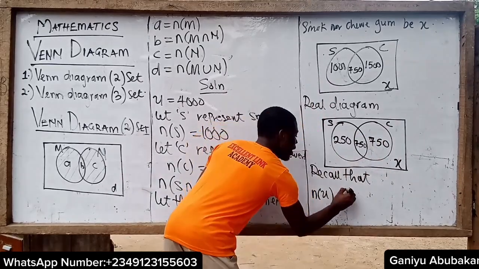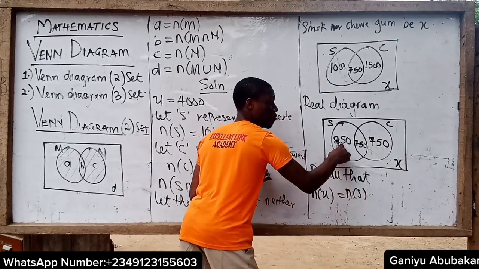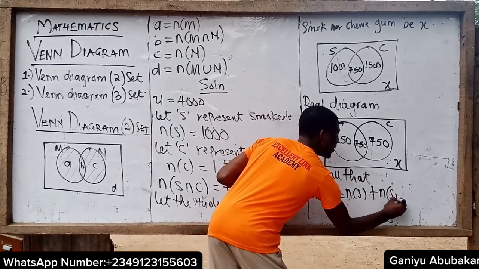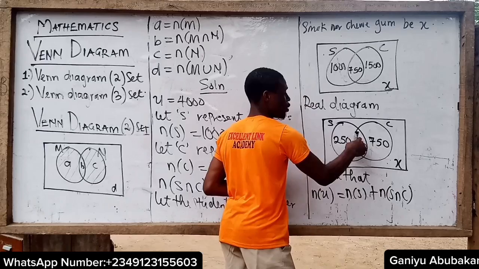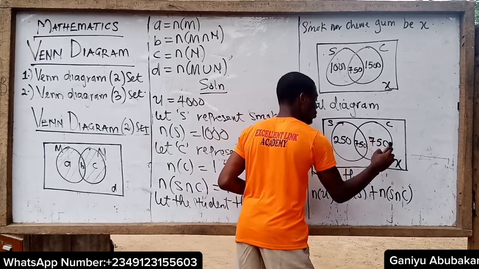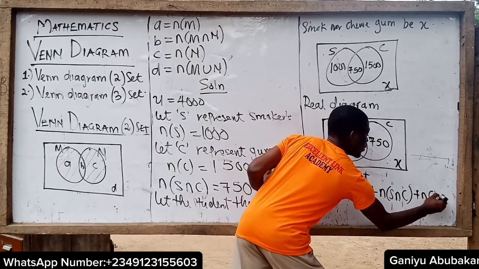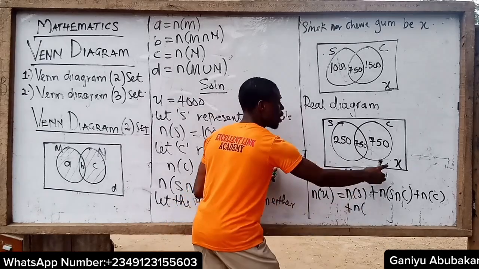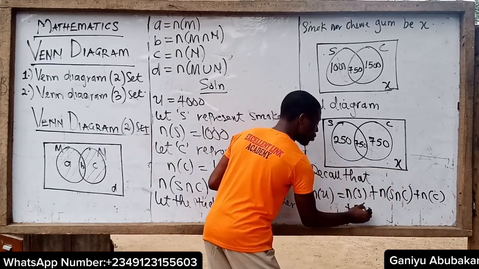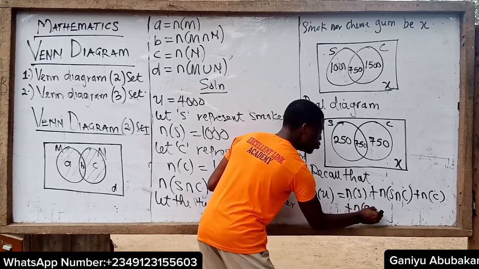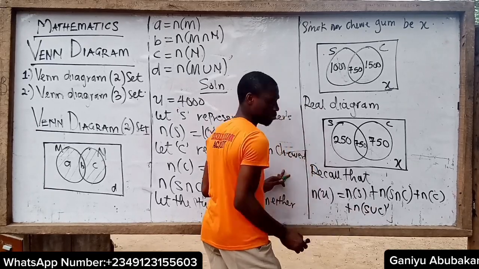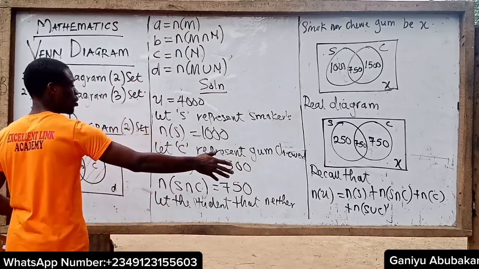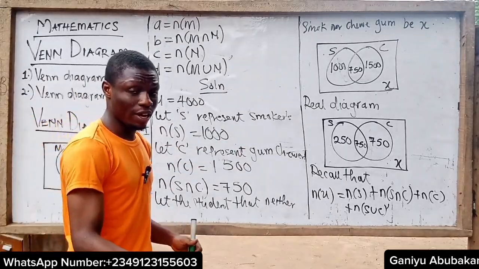So I have N of X here, plus N of X intersection C, plus N of C, plus what I call X, which is N of X union C prime. I gave you the definition previously. Now let's substitute in values and get our answer.